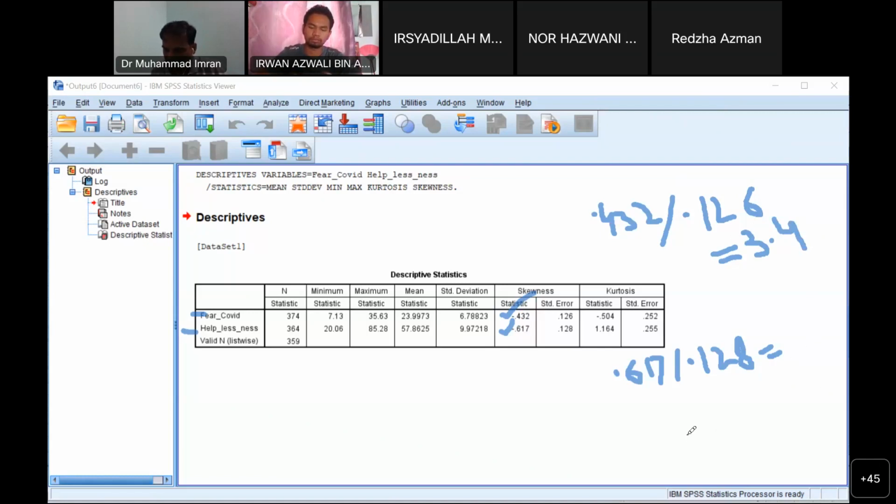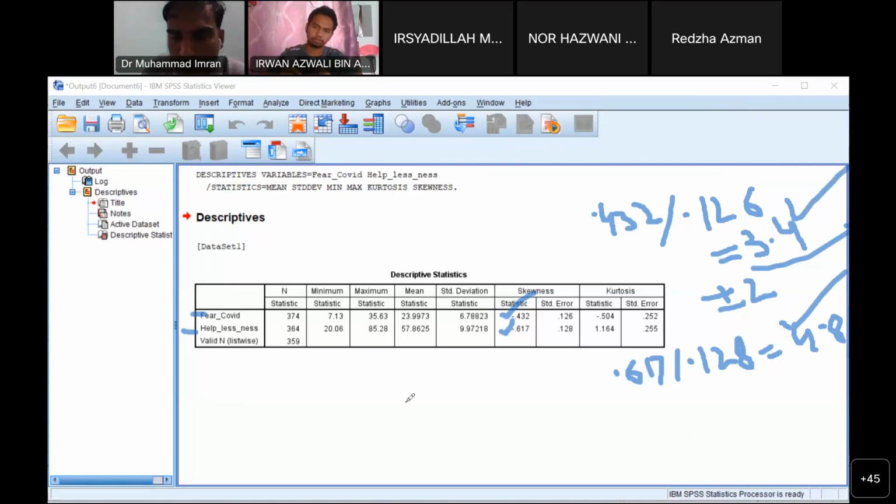Then 0.617 divided by 0.128, and the answer is 4.8. According to the rule, it should not be more than plus or minus 2. This is more than 2, and this is more than 2. It means the data is not normal.